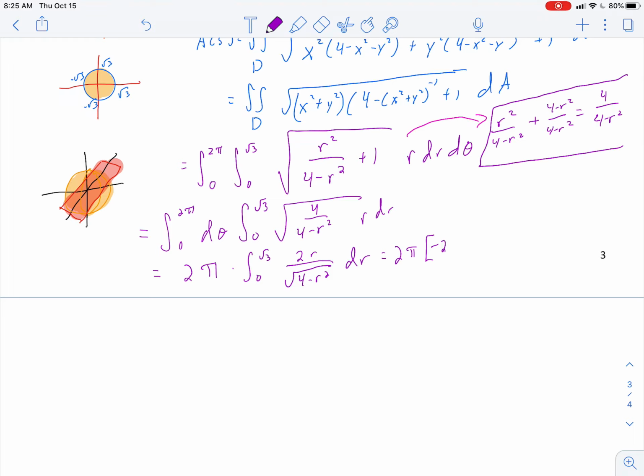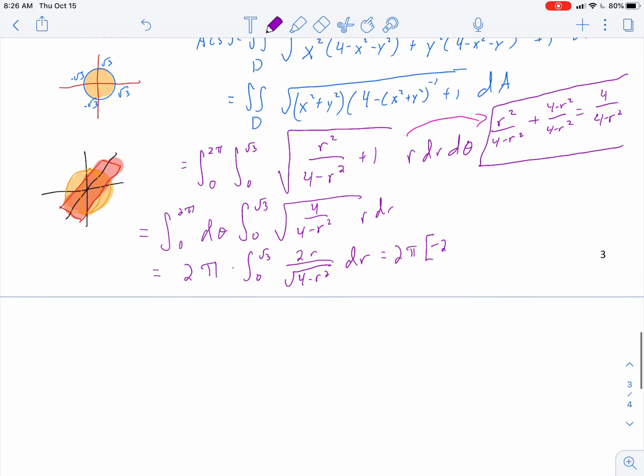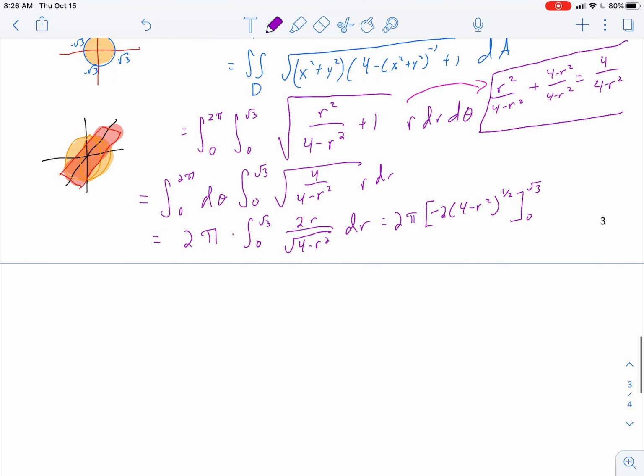I'm just doing it all in my head right now. So I have the 2r there. I need a negative 2r. I have the 2 that's already up there out in front, and so I need a negative. And then it's to the 1/2, so that 2 would go away, but I need that 2 and 2 there, and that's going to come from the derivative. So good. All I need now is just 4 minus r squared to the 1/2, from radical 3 to 0.